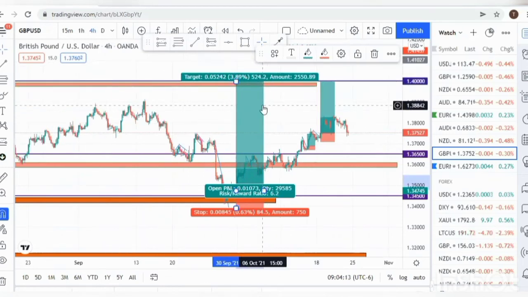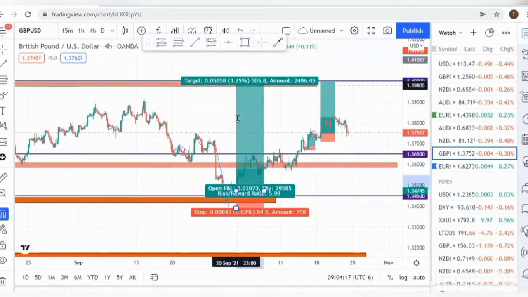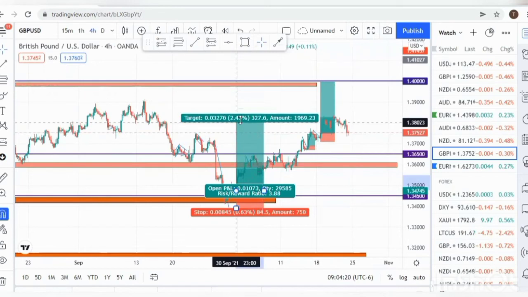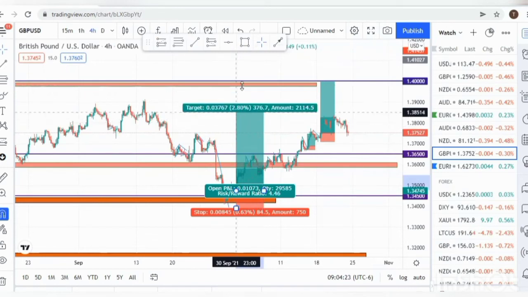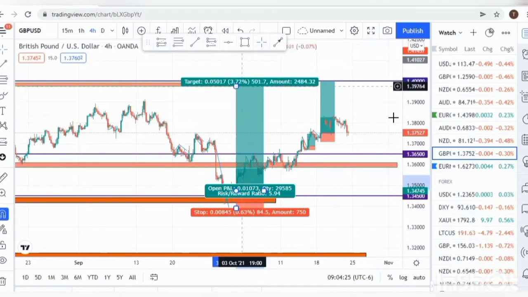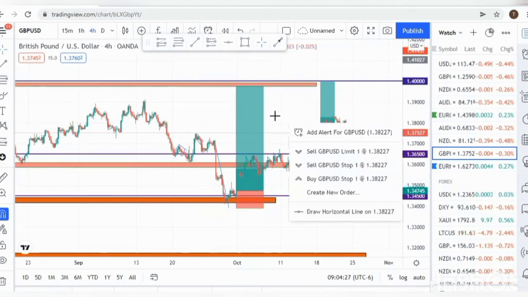Currently we are still in an uptrend, and this particular trade is already running about 339 pips in profit. So that's basically it for GU.